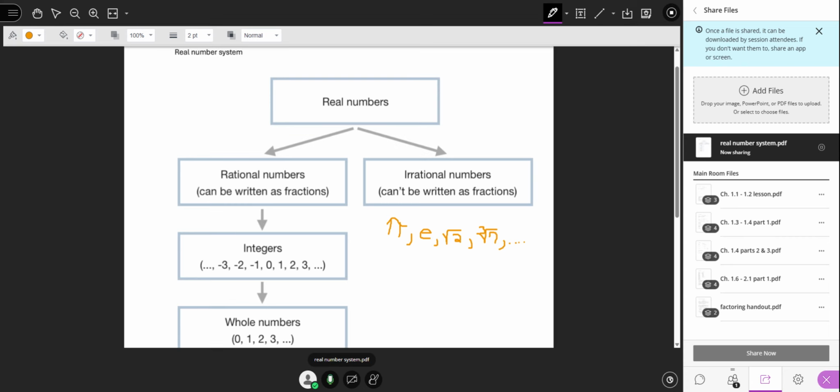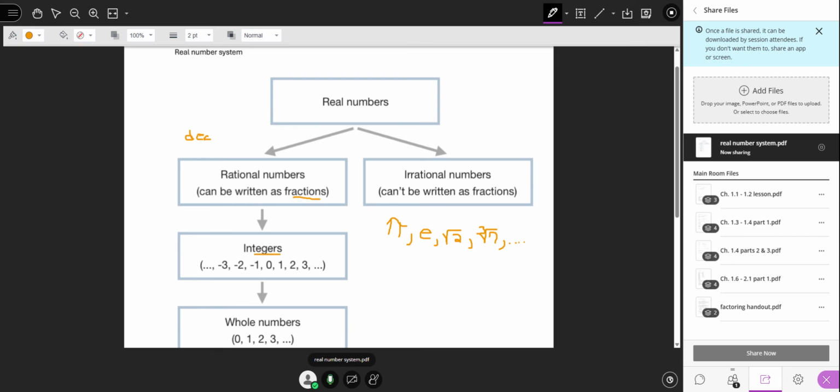Rational numbers are numbers that can be written as fractions. These include all decimals. They include fractions. They include integers. Okay?